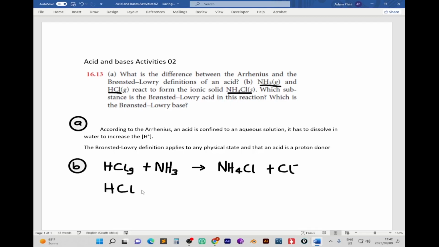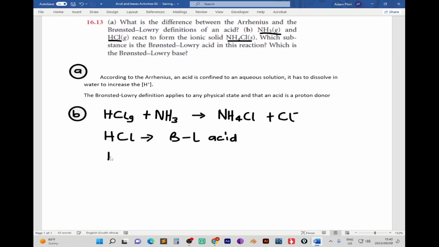In this case, let us see what behaves as Bronsted-Lowry acid. The BL there is for Bronsted-Lowry. Hydrochloric acid donated hydrogen to ammonia, which means that hydrochloric acid is a proton donor, so it is an acid.